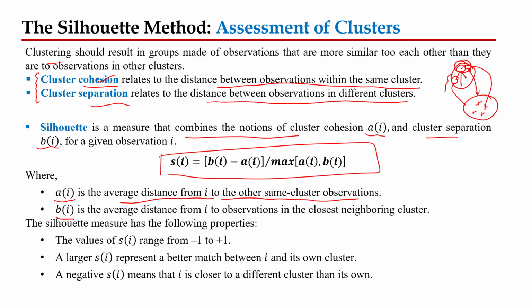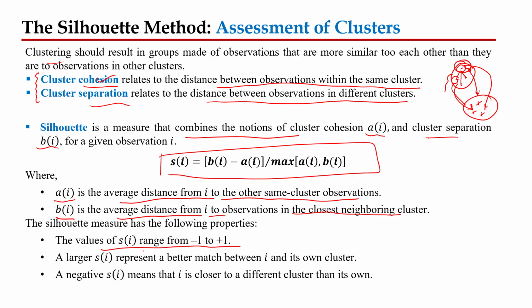Same is the case with b_i, the average distance from the ith observation to the observations of the closest neighboring cluster.